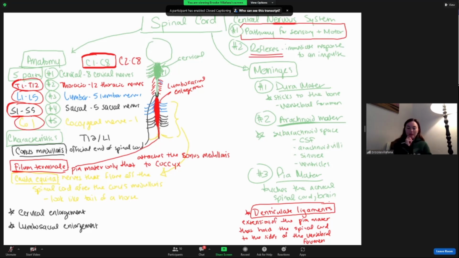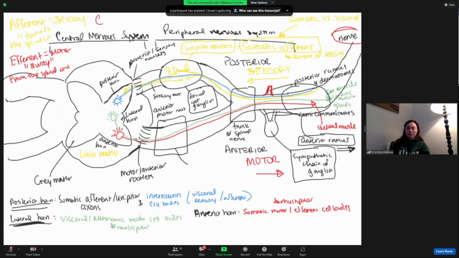Now what we talk about is reflexes. How does the body and the spinal cord immediately respond to an impulse versus having to do what can be a complicated process, right? So what you see on this picture that we talked about before has sensory coming in, and then this uses that white matter that you see right here to carry the information to the brain.